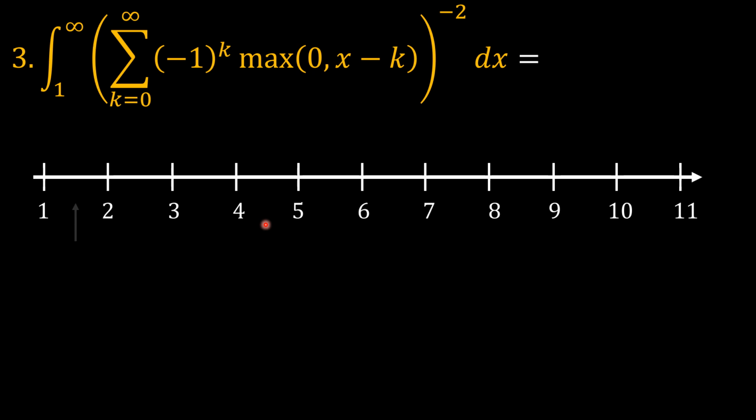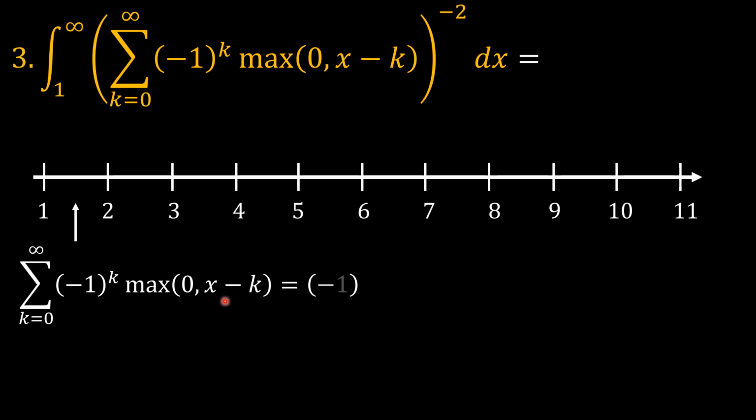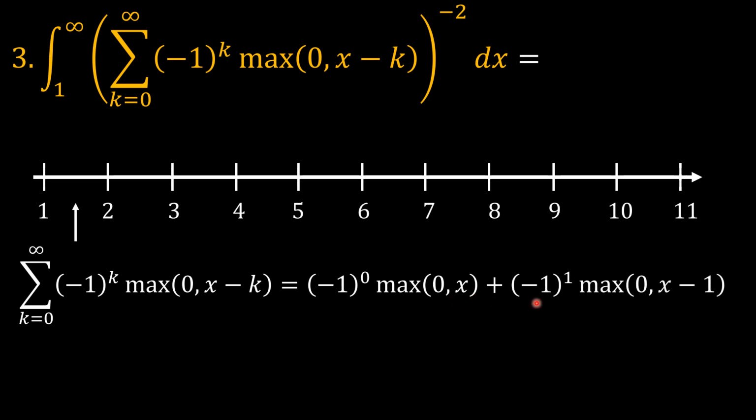So between 1 and 2, right? So what is happening there? It means that the summation is from k equals 0 to infinity of negative 1 to the k max 0, x minus k. When k equals 0, we have negative 1 to the 0 maximum between 0 and x, plus when k equals 1, negative 1 to the power 1 maximum between 0 and x minus 1.